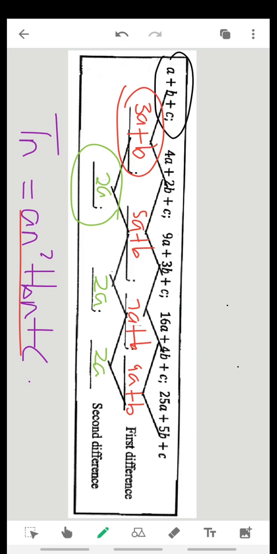So it means 2A and 2 that side are equal. 3A plus B is equal to 3 that side. A plus B plus C equals 0 that side. Yes, because they represent the same thing.